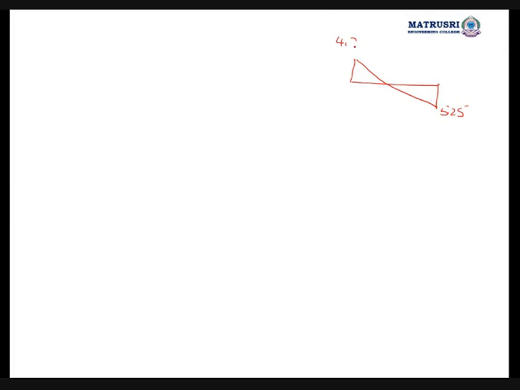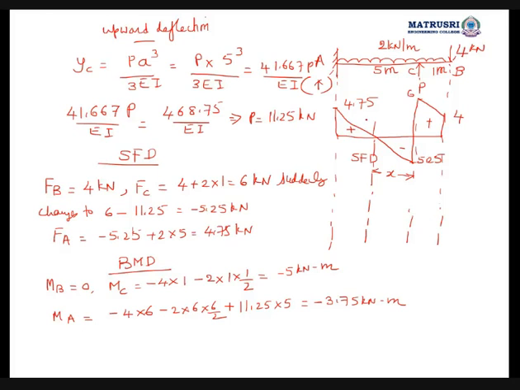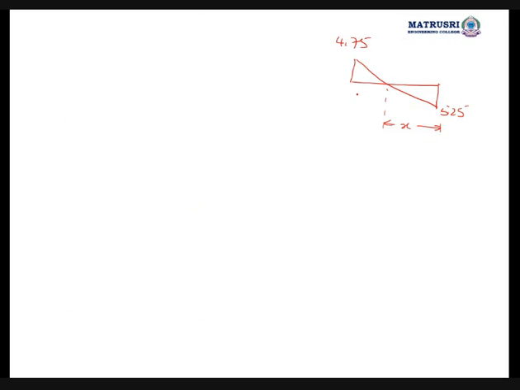This is 4.75. This I am taking as X. This will now become 5 minus X, because the total is 5. Using similar triangles, X by 5.25 is equal to 5 minus X by 4.75. If you do the calculation, you will get X is equal to 2.625.